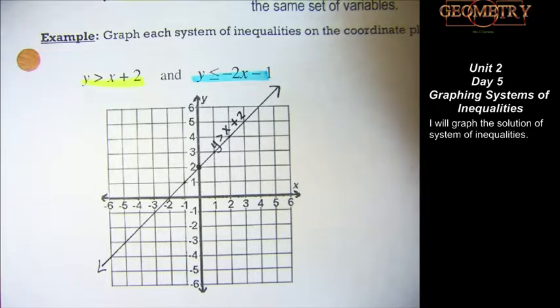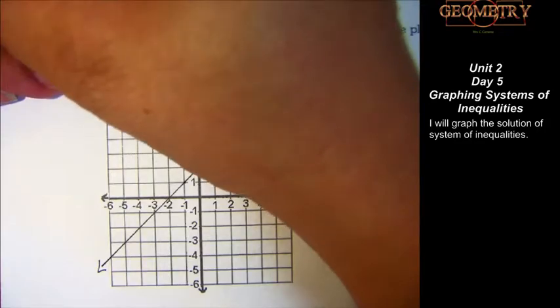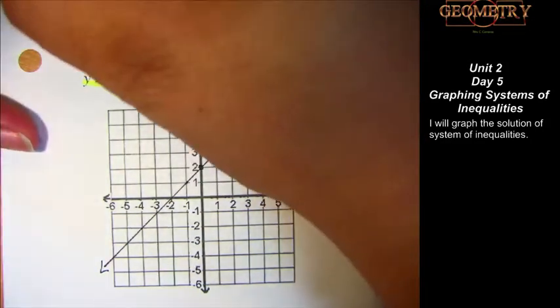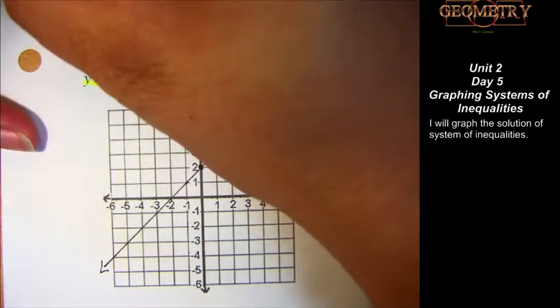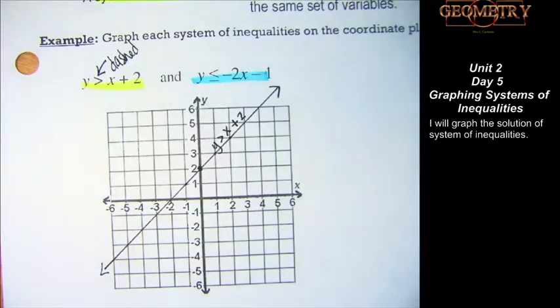Now I have to decide, is this a solid line or a dashed line? Look right here. That means it's dashed. So I'm going to grab one of my markers, and I'm going to try to make that a dashed line. I don't have a good marker with me.